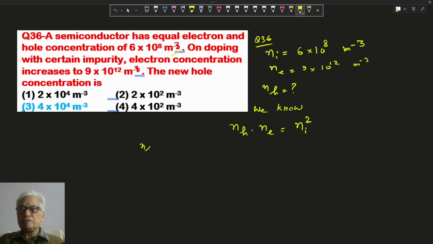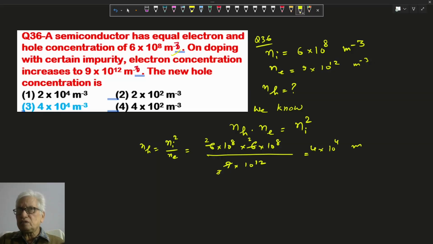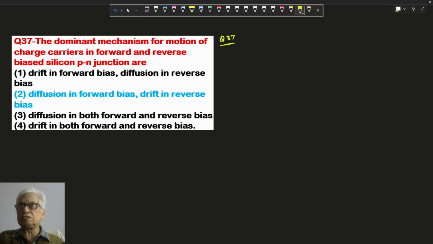So NH will be Ni squared divided by Ne. Ni is 6 into 10 to the power 8, squared, over Ne which is 9 into 10 to the power 12, which means 4 into 10 to the power 4 per meter cube. This is the hole concentration. Option 3 is correct.